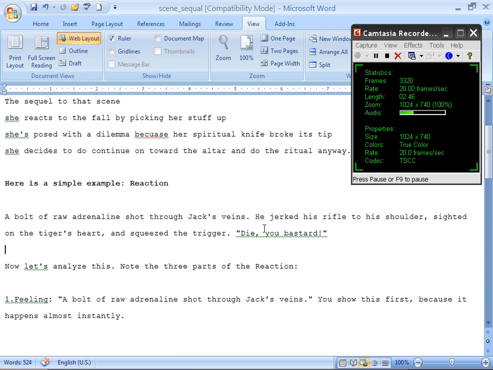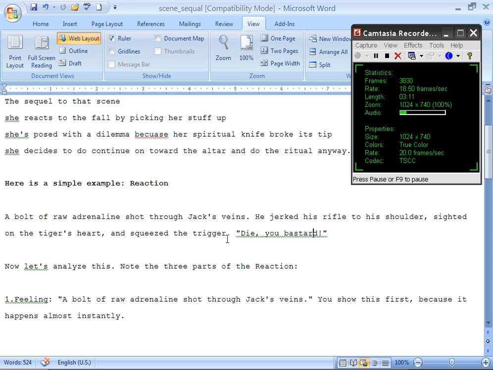But sometimes they might forget and accidentally write the adrenaline rushing through him after all the action, unless for some reason it didn't rush through him until then. So you want to think of it in logical order. Obviously, a tiger's coming at him, adrenaline pumps. That's why the adrenaline pumping is mentioned first, then his actions to deal with the threat, that is the tiger coming at him.